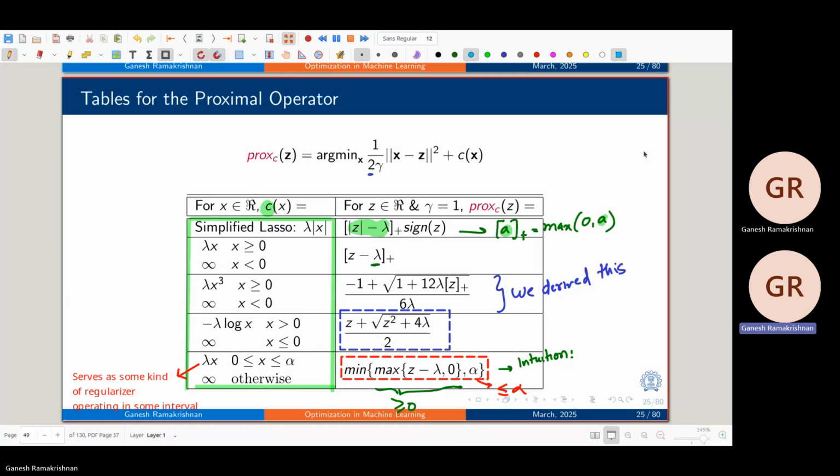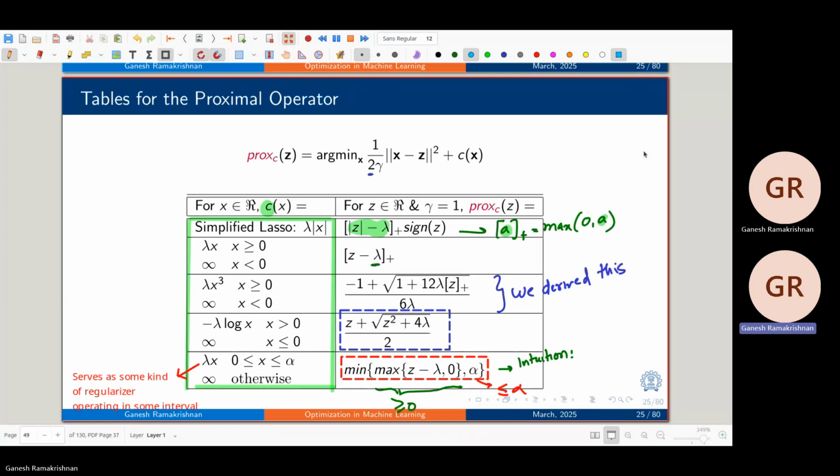You get max of z minus alpha, clipping by shrinking z by lambda, right? Max of z minus lambda and 0. And then between the two and alpha, so this is intuitive. So what do you want? The moment you say there's a constraint like this, it should be less than alpha, right? But it is scaled by lambda.